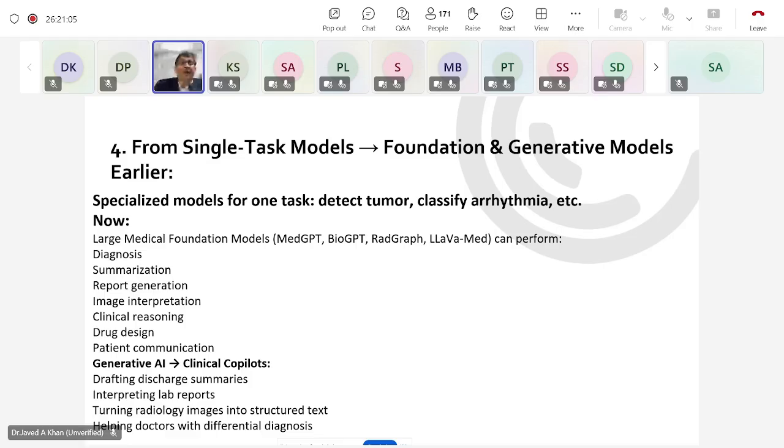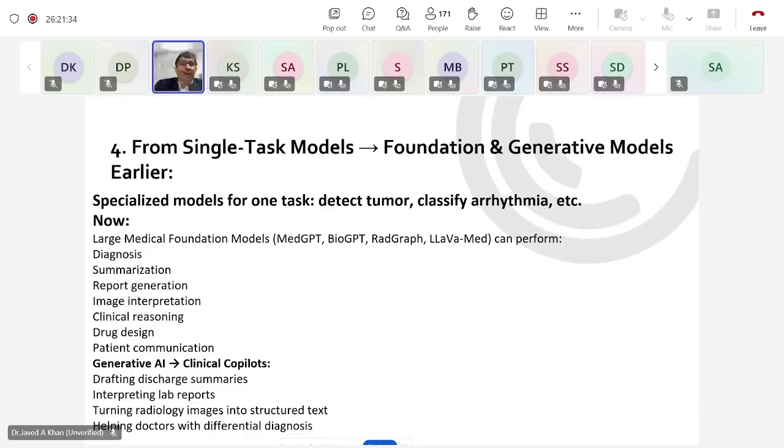Now, using machine learning and AI, large medical foundation models like MedGPT, BioGPT, and others can perform better. We can give the diagnosis, summarization, report generation, and image interpretation.